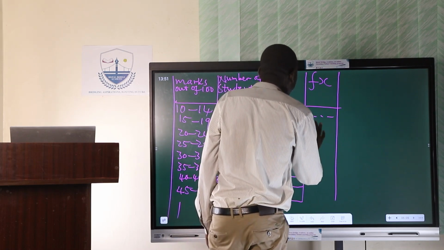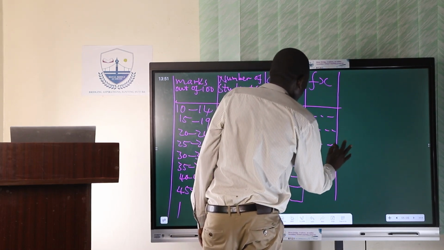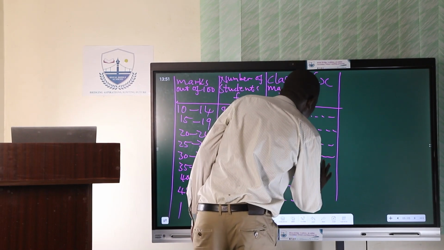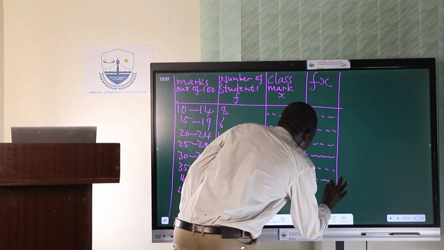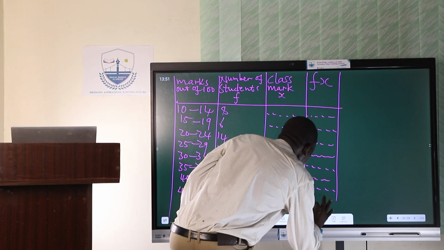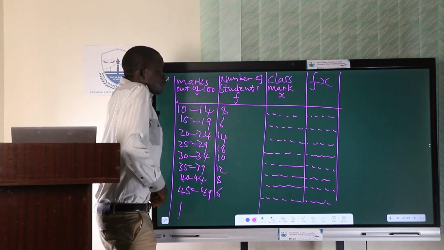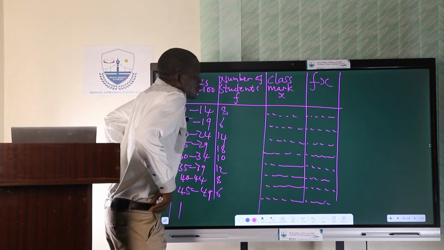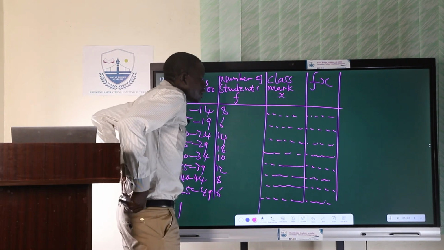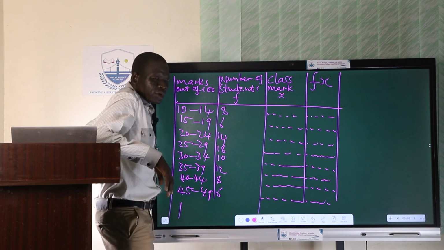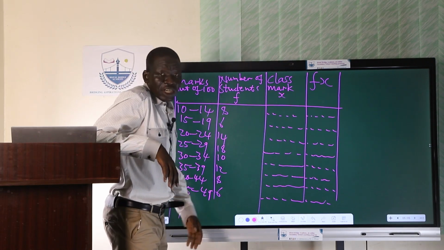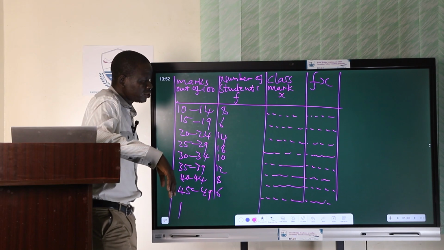Even fx, we don't know. So we want to see how we can fill this table. Now, to fill this table, remember from the idea which we have on class marks. Class marks, we said another name for it is the midpoint.